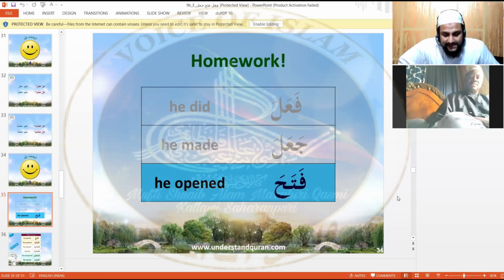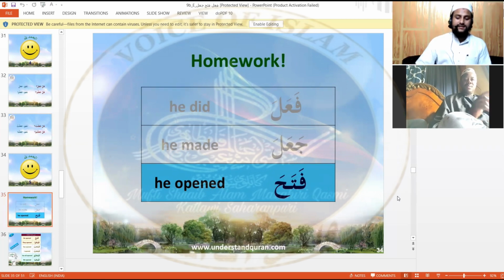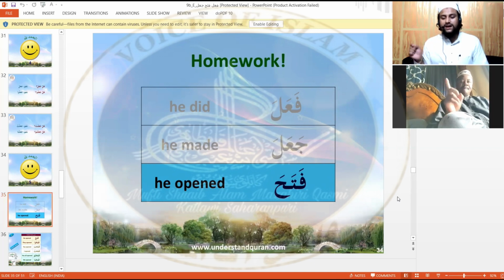Yes, and now the third word is fataha. All the letters are new except the first letter, which is similar to fa'ala.